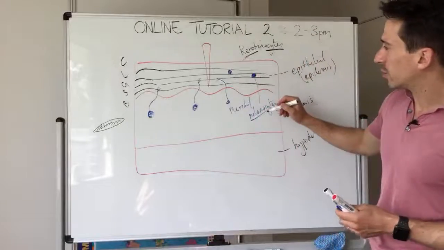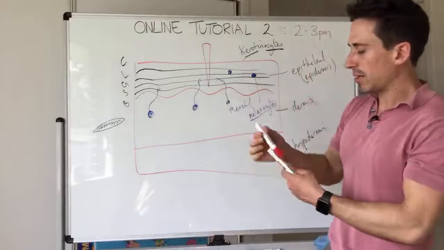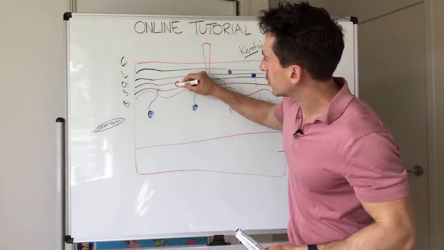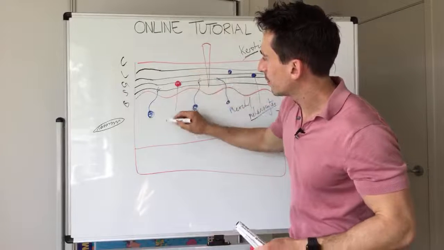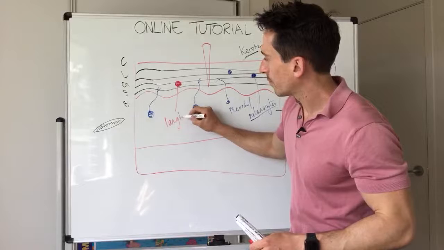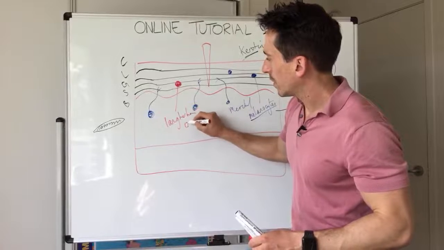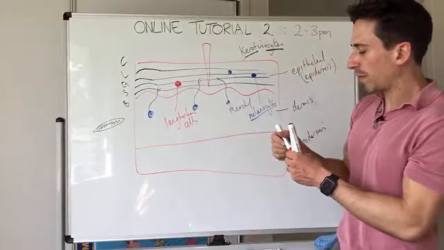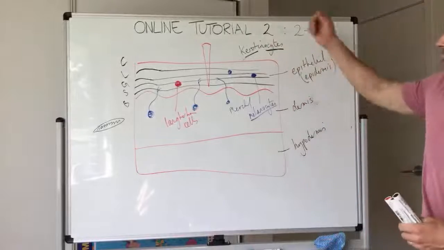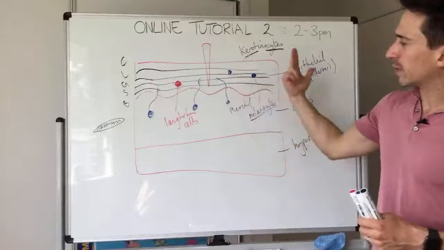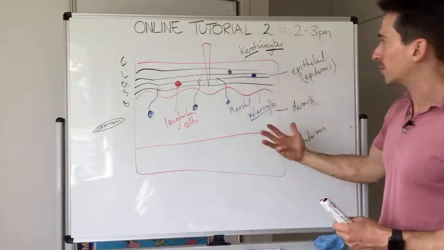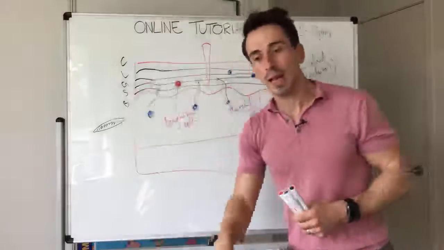That's what the melanocytes do. You've got other cells in here that have an immune function called Langerhans cells. Langerhans cells, they have an immune function. So you've got keratinocytes, Merkel cells, melanocytes, and Langerhans. They're the 4 main cell types inside the epidermal layer.